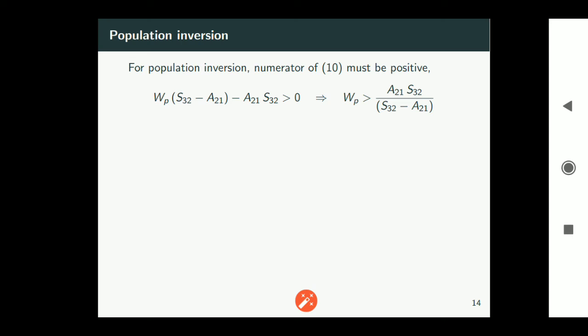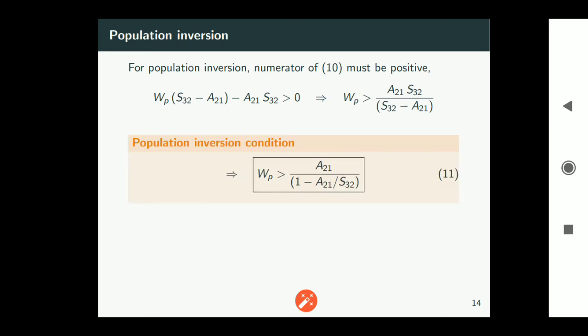So Wp should be greater than A21 multiplied by S32 divided by S32 minus A21. We can divide the entire equation by A21. If you divide the entire equation by A21 on the right hand side, you get the condition for population inversion, which is given by this expression 11.